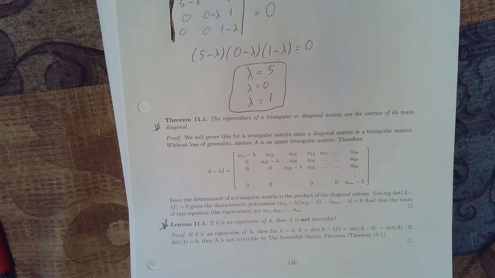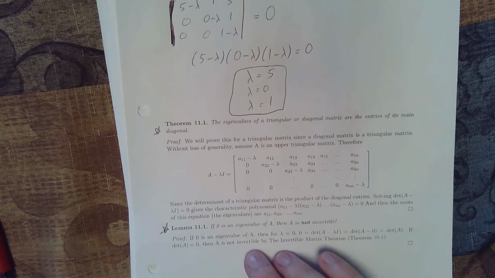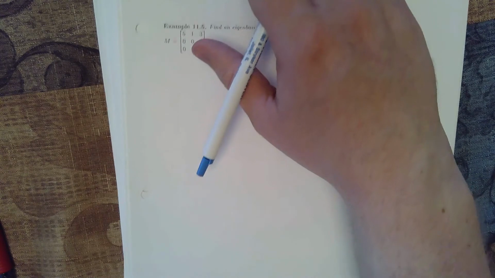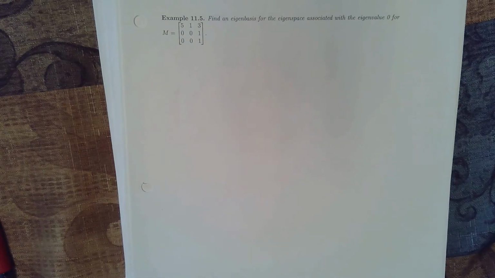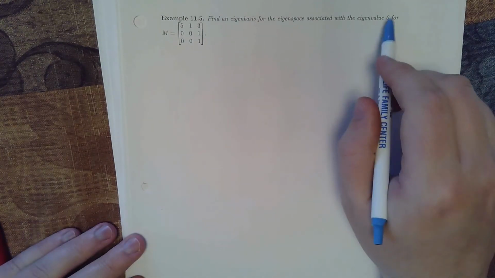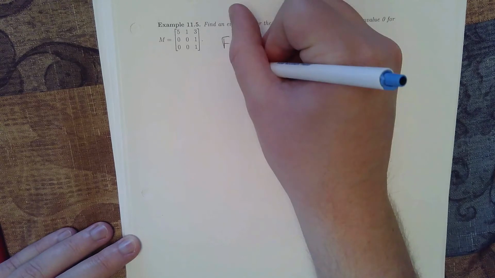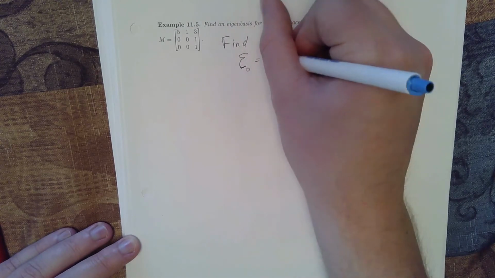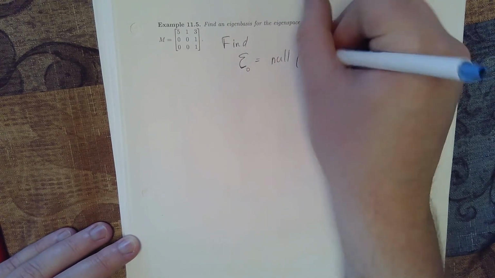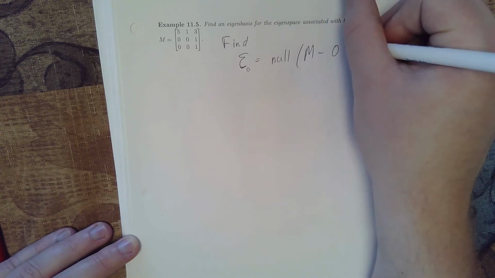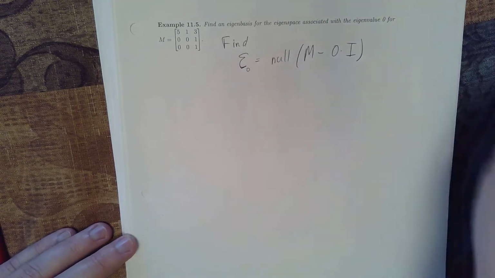All right, so let's go ahead and find one of these eigenspaces, eigenbases. Let's look at finding the eigenbasis for the eigenspace associated with the eigenvalue of 0 for this matrix. So we're trying to find E0, which is going to be the null space of M minus 0 times the identity.